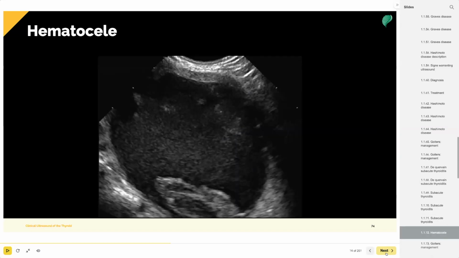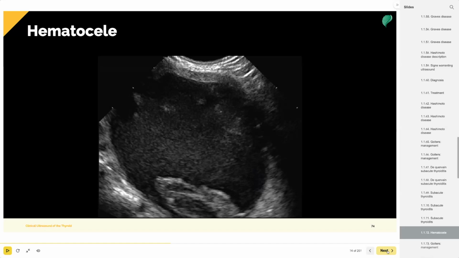All right, now we can discuss hematoceles. A hematocele refers to a thyroid nodule that is not completely, I would say, solid.